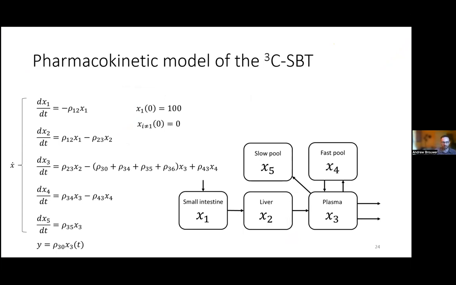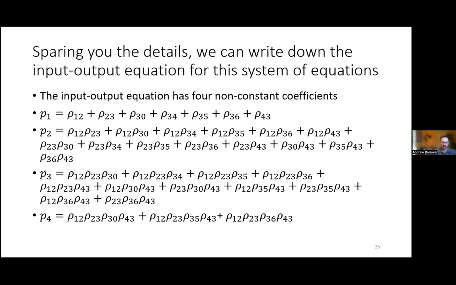So we're going to go through this, given time, maybe a little bit quickly. I can write down the set of ordinary differential equations for my pharmacokinetic model as a function of the concentrations of the isotope in each of the compartments. I'm not going to go through the substitution, or finding the input-output equation; you do substitution, or pseudo-division, or find a Gröbner basis.